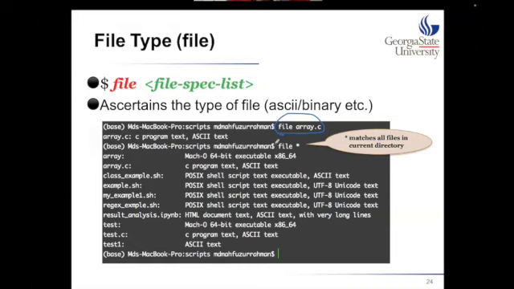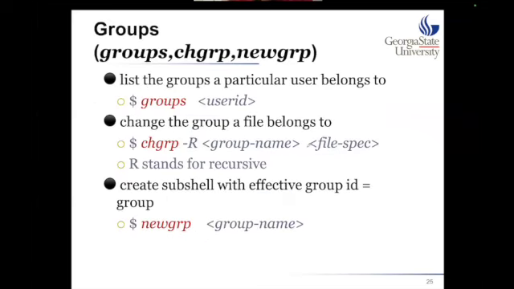And if you want to see the content type of each file, then you have to type file asterisk. Asterisk means I want to know this information for all the files in the current directory. Okay, so now let's move to the next one.